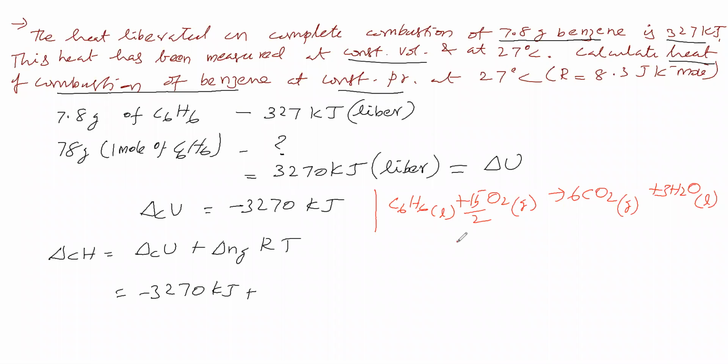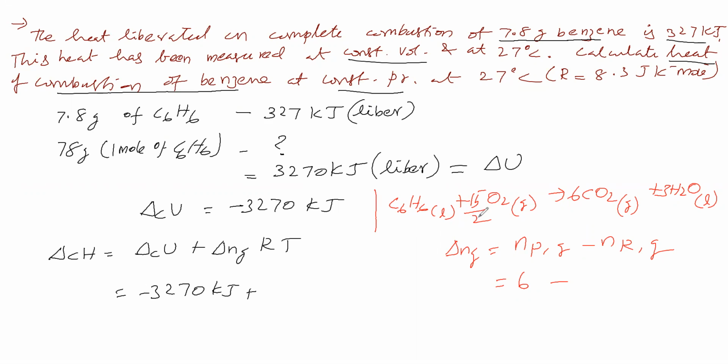Then delta ng we have to find. Delta ng is equal to number of moles of gaseous products minus number of moles of gaseous reactants. Products are carbon dioxide and water; in that we take only gas, carbon dioxide, 6 moles.